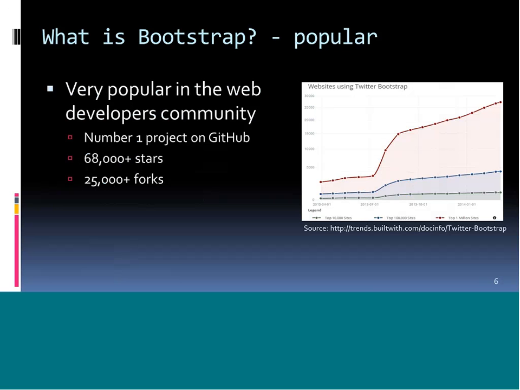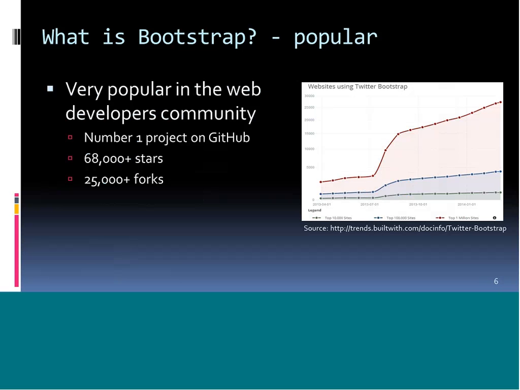It's very popular at the moment, and it has been for quite some time. It's still the #1 project on GitHub, which is a code sharing site. If you are familiar with GitHub, then you know what these numbers mean. It has the most stars, and a star is something that you can give to a project that you really like. And it also has the most forks of any project on GitHub.